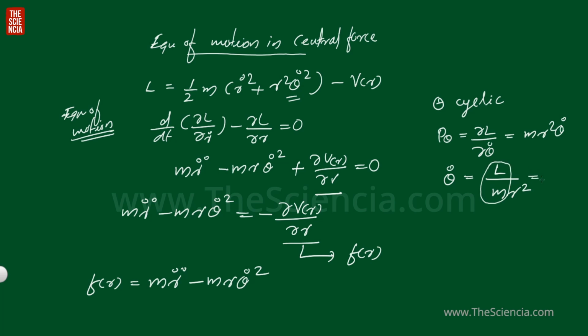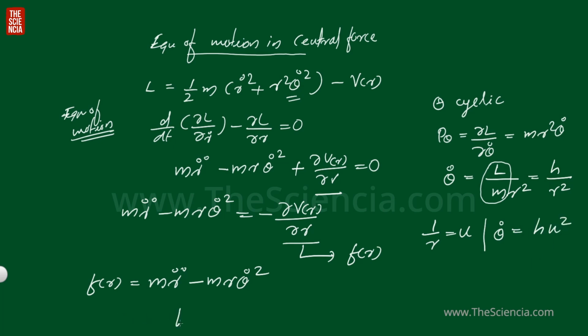So I am writing it in another form, that is h by r square, where h is equal to L by m. And I am defining a term, that is 1 by r, that is equal to u. So I can rewrite this equation of theta dot, that is equal to h u square.